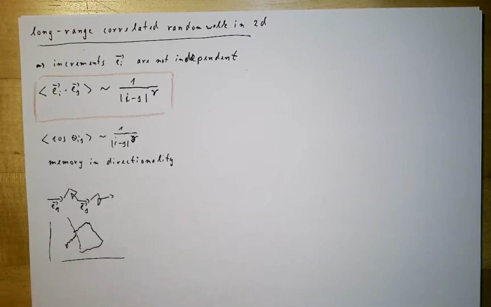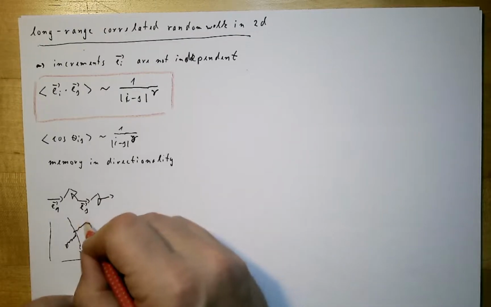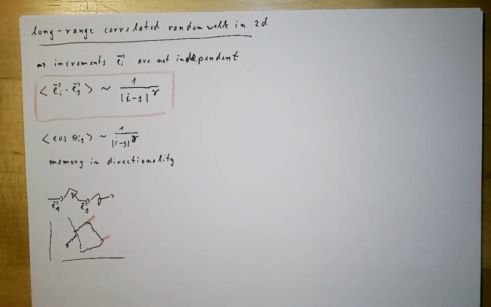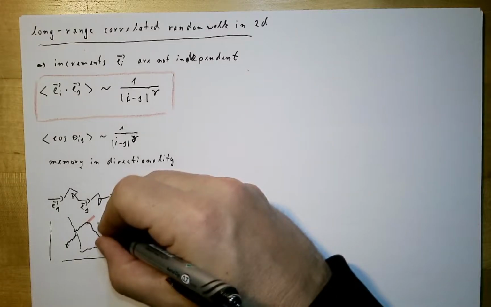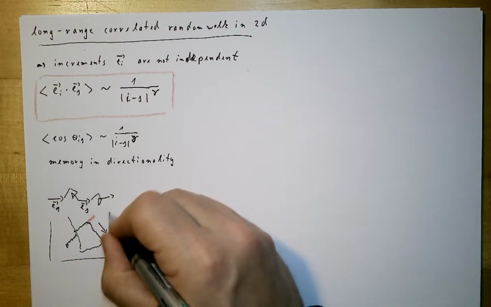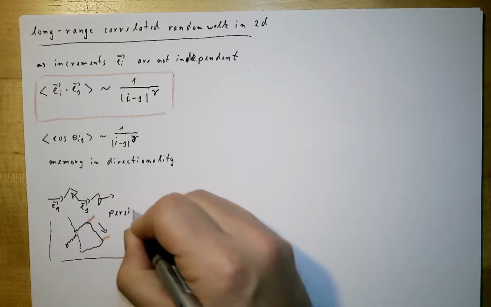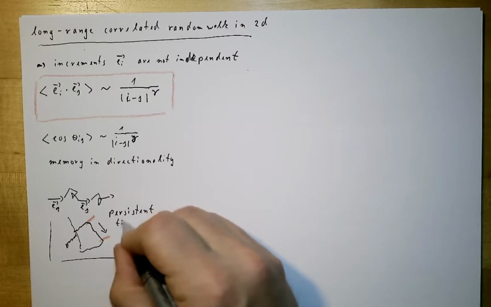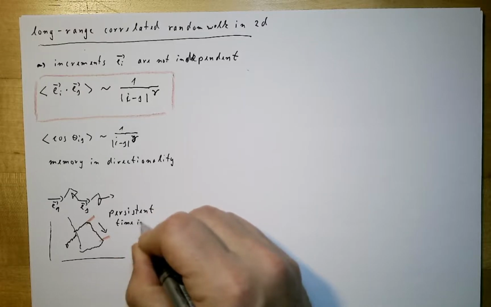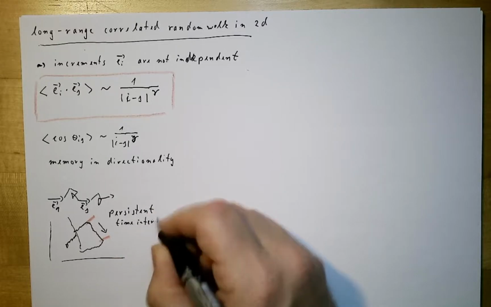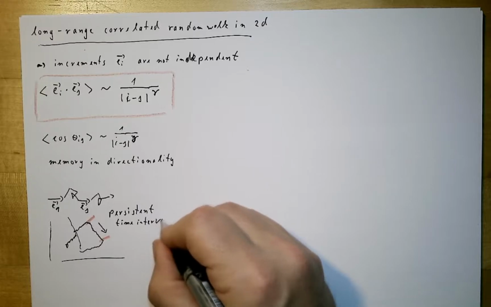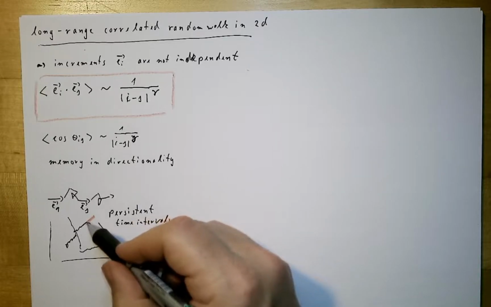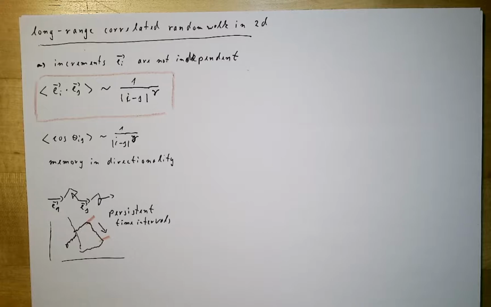So the movement is constructed of persistent time intervals, or time intervals of persistent movements, where the movement is more or less going in the same direction.